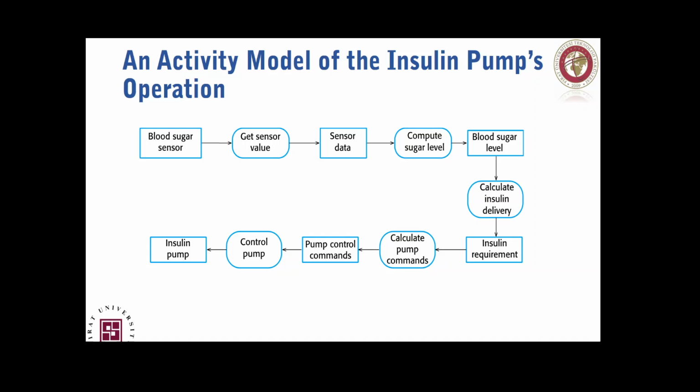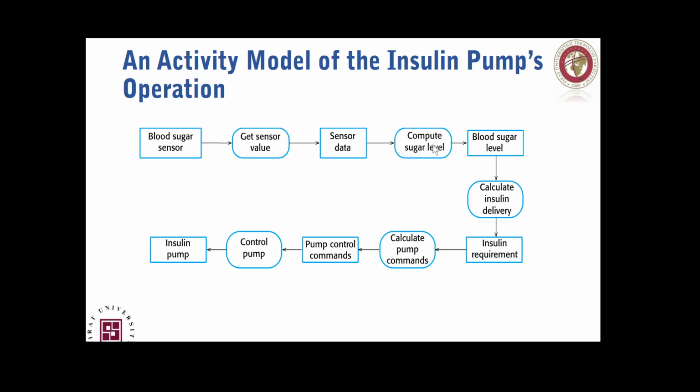It could clarify that. Look at this activity model for the insulin pump operation, for example. Think about this stage, the blood sugar sensor. We have a sensor here to get the sensor value. So this is an action. Now, once we get the data, we can compute the sugar level. We explained this earlier, if you remember, in some previous sessions.